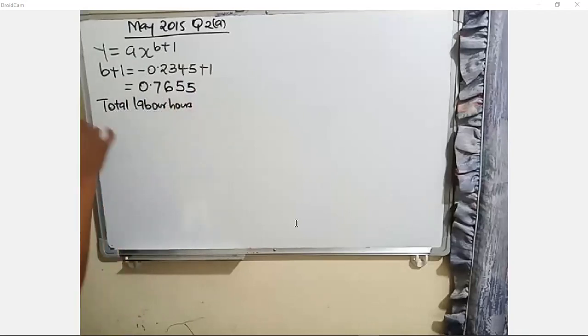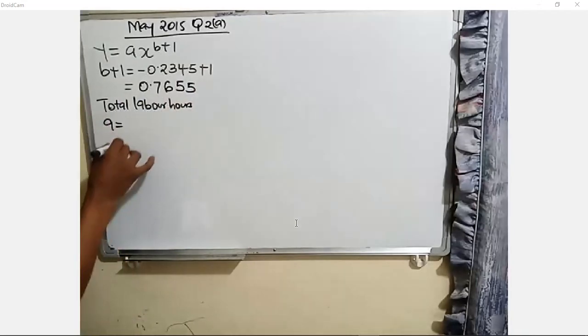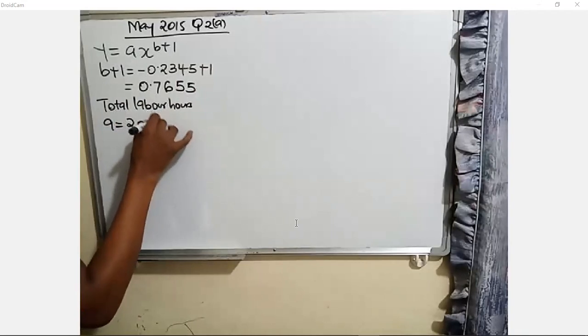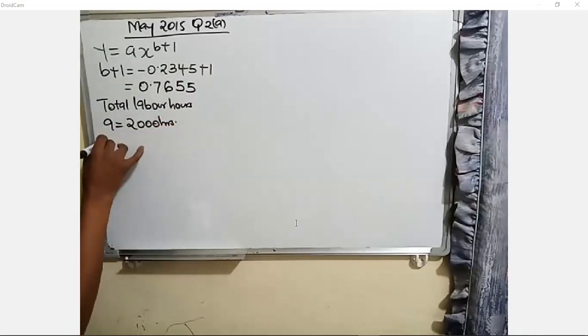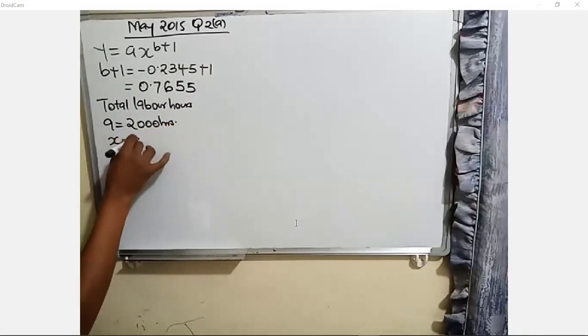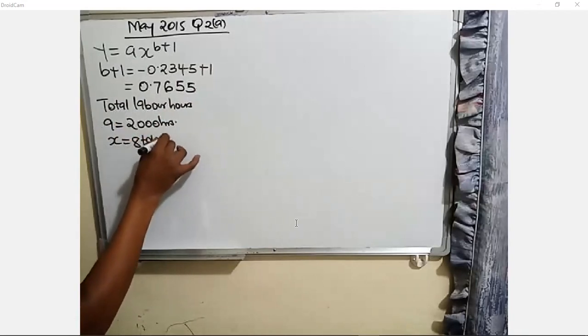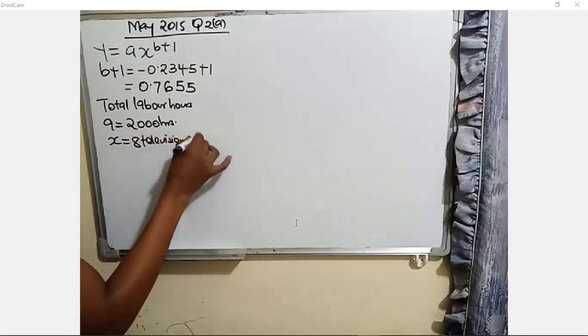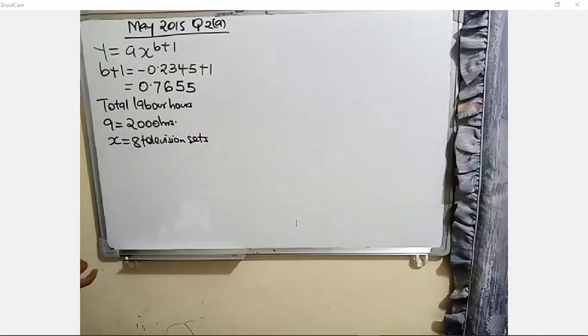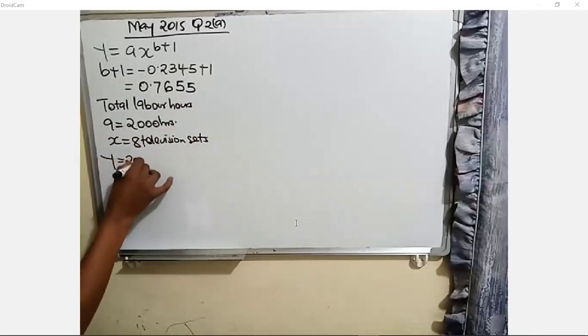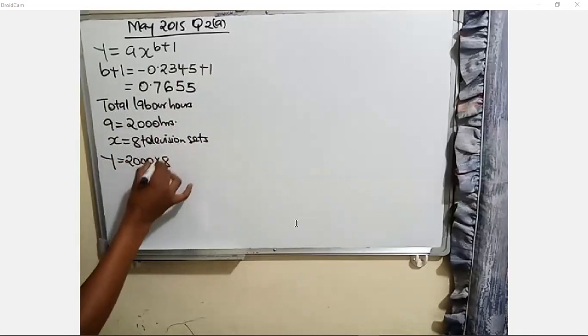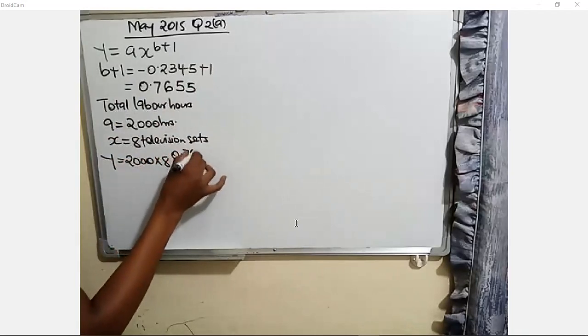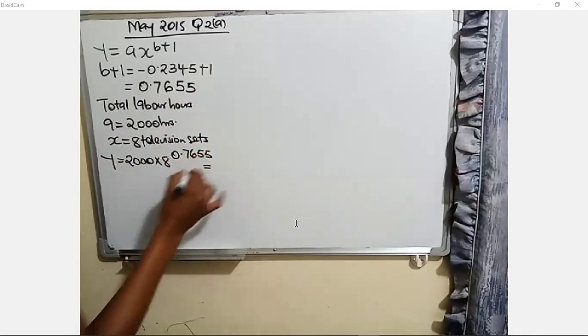So to ask myself this question, I just say my A has been given as 2,000 hours. The cumulative units, which is my X, we said it is 8 television sets. Very simple. So in this case, I just say my Y is equal to 2,000 times 8 raised to 0.7655.